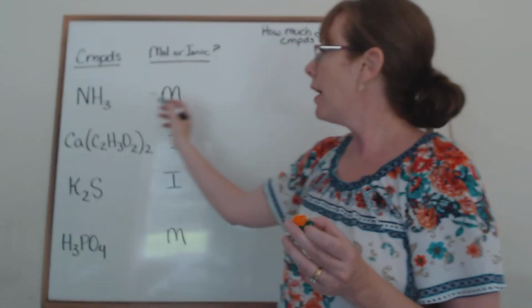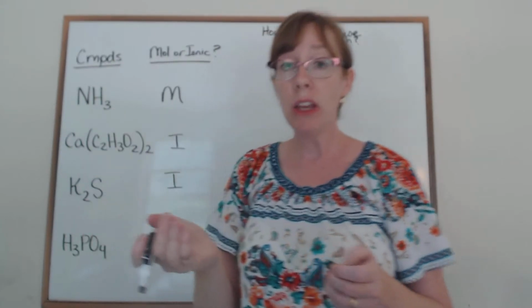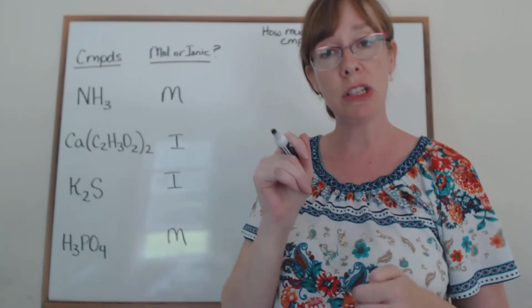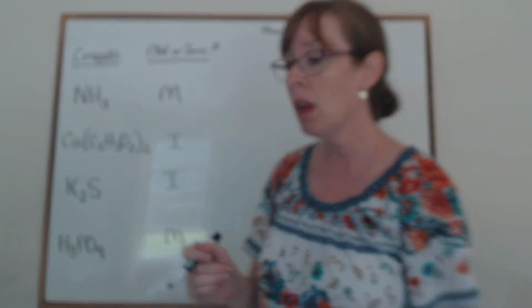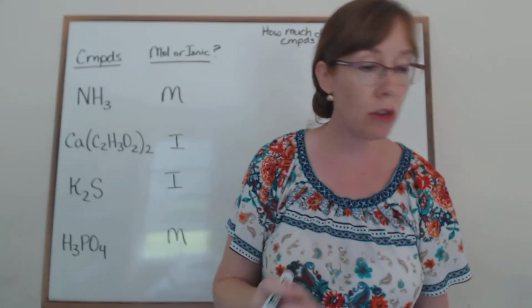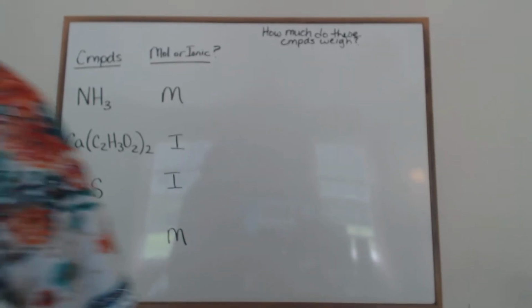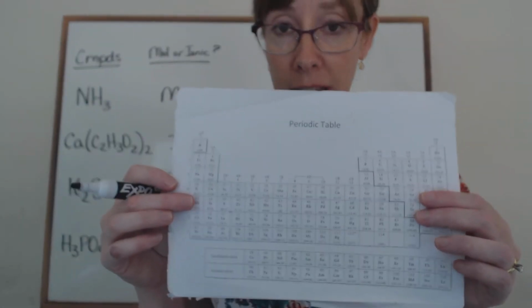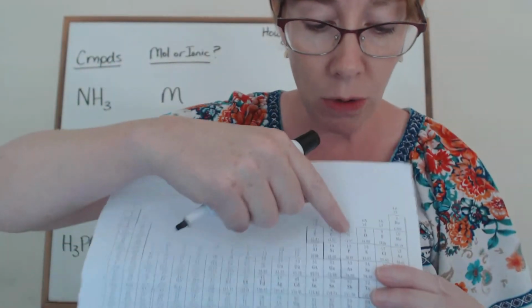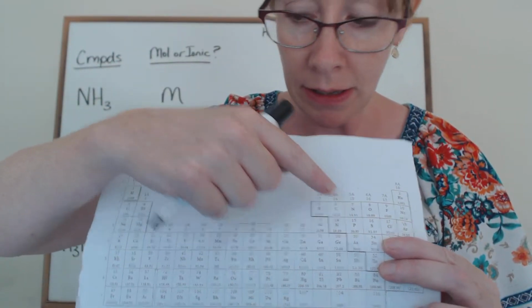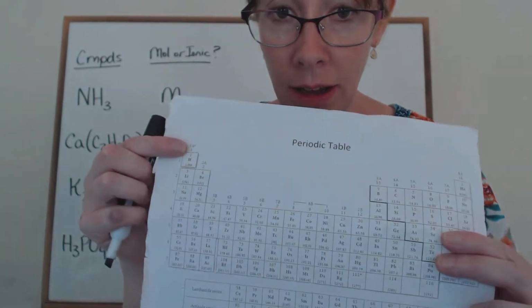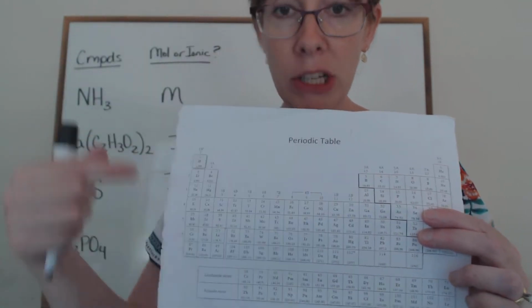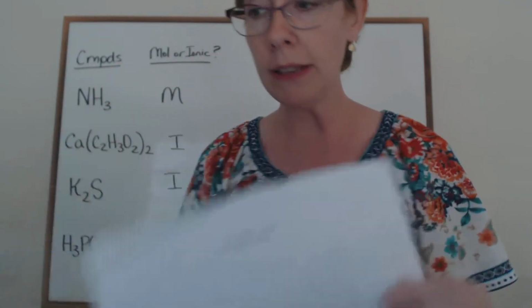So when we're talking about how much an NH3 molecule weighs, a nitrogen attached to 3 hydrogens, hopefully you can understand that you would just go to your periodic table. Remember that the periodic table tells us how much the atoms weigh, and you would find out how much a nitrogen atom weighs, and then add up 3 hydrogen atoms, and that would tell you how much the total molecule weighs.